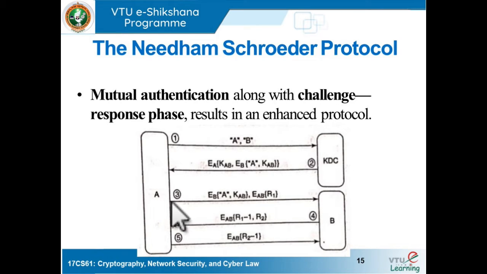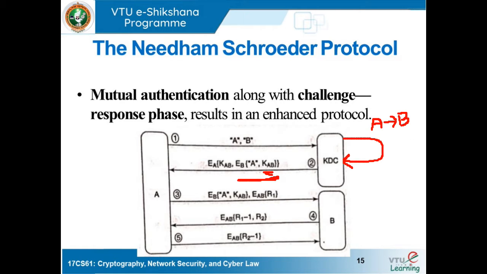Now after generating this session key KAB, the second thing that the KDC does is encrypt this message. It encrypts it using KA and also KB. For user A it uses KA, and for user B it uses KB to encrypt the session key.